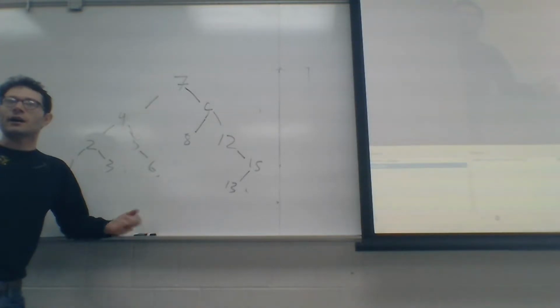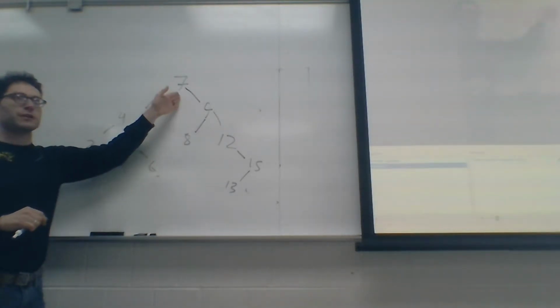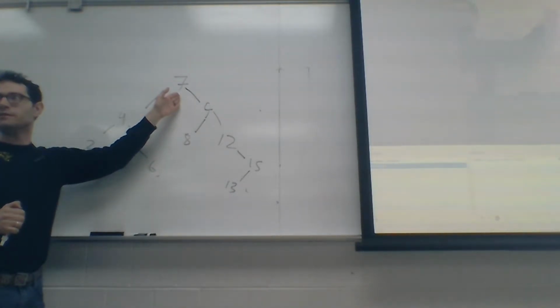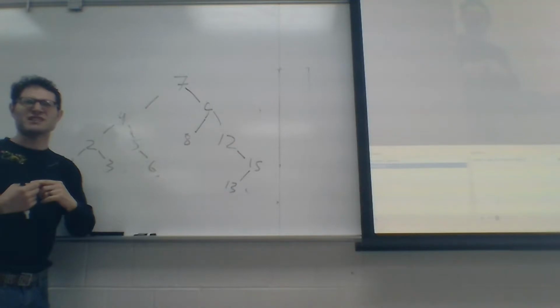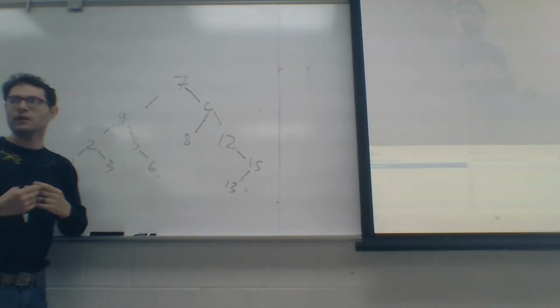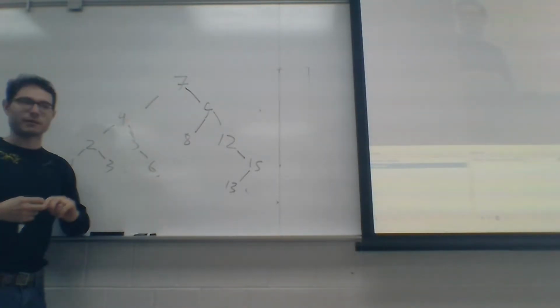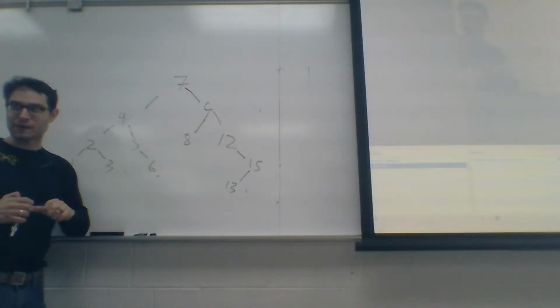Basically I find the value that's closest to the root, and that can be either the value that's closest bigger or smaller. Just for convention's sake, I'll always choose finding the smaller, basically the biggest thing that's smaller than me. We'll replace the root by the biggest thing that's smaller than me.